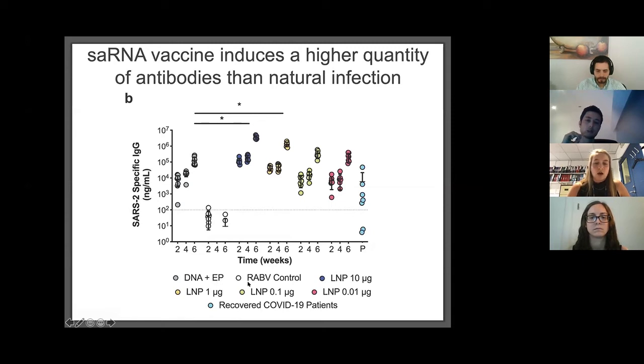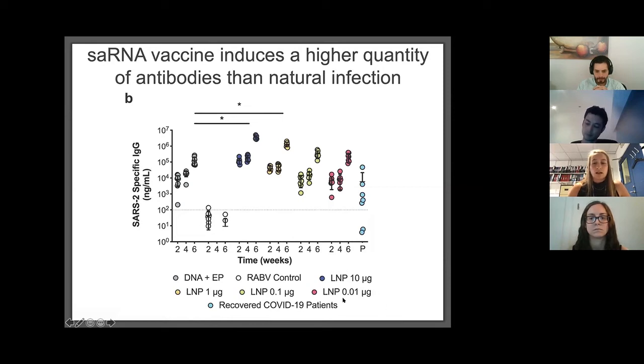We also use a rabies RNA as a control just to make sure that we weren't getting non-specific antibodies or anything. And then we used 4 different doses of lipid nanoparticle formulated saRNA: 10 micrograms, 1 microgram, 0.1, and 0.01 micrograms.